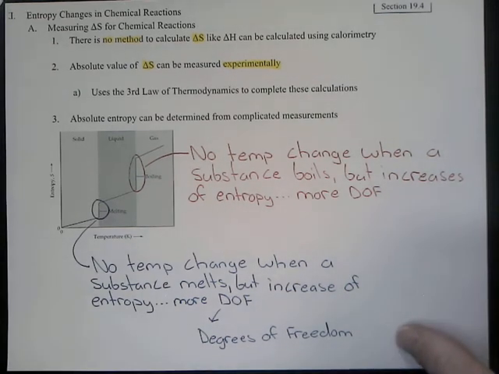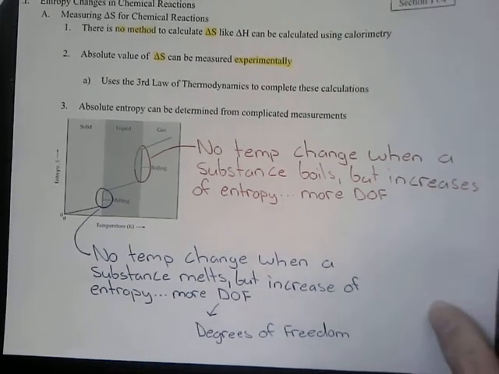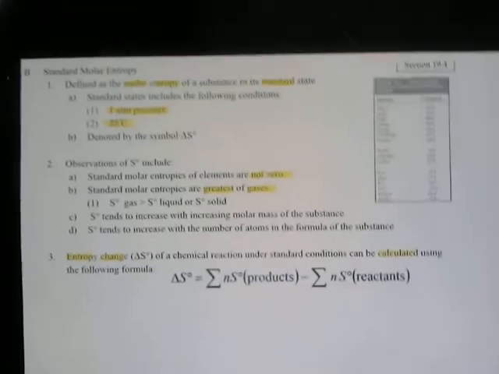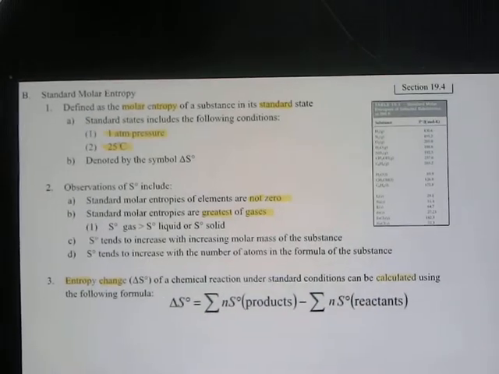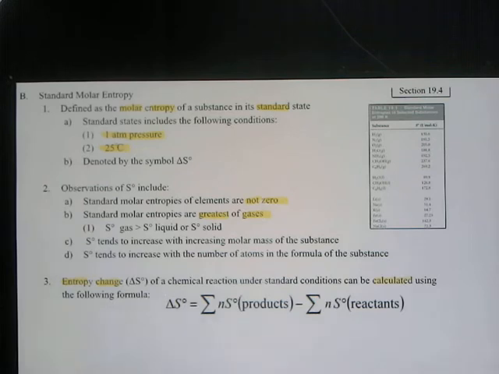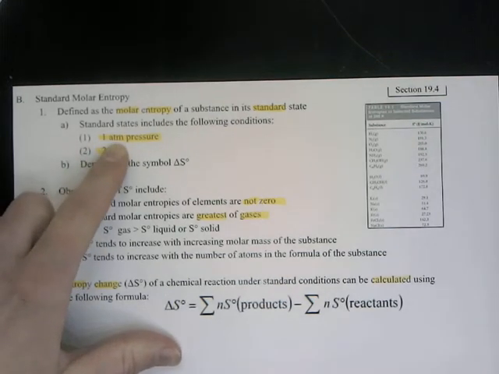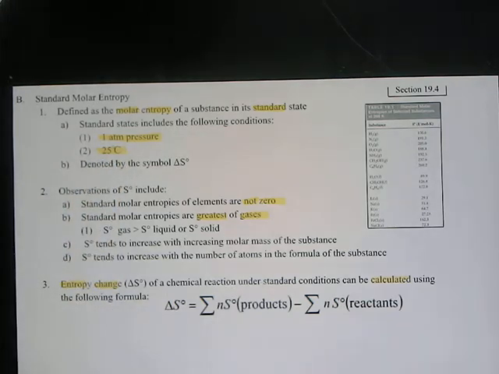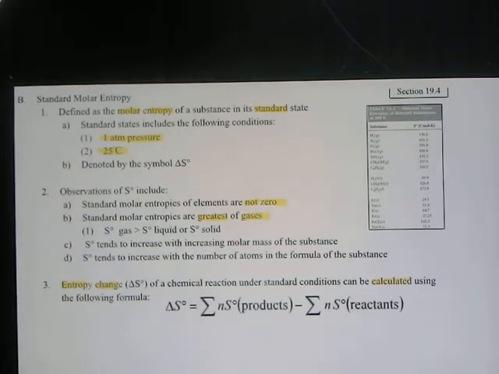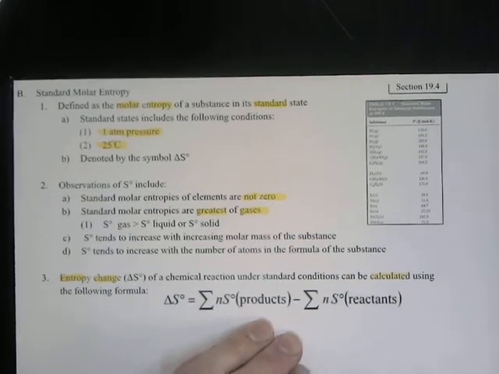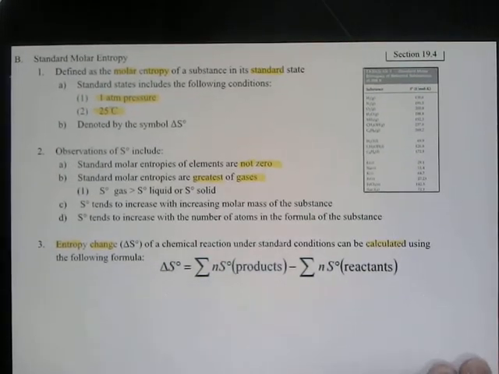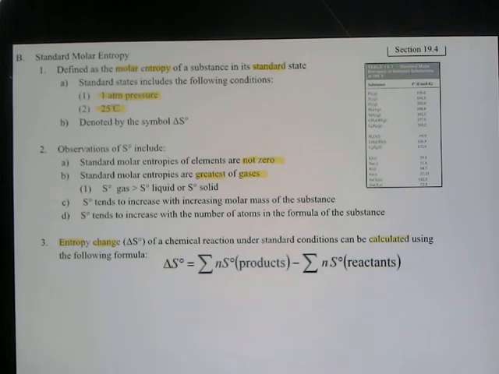So that brings us to our standard molar entropy. Our standard molar entropy is defined as the molar entropy of a substance in its standard state. Remember, we should already have this memorized: standard state is 1 atmosphere of pressure and 25 degrees Celsius. We get a very similar looking format to what we use for delta H, and I'll bring out the periodic table packet to help us out with that.